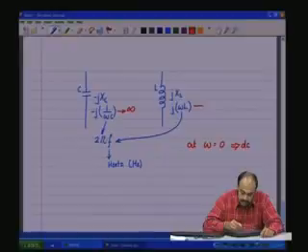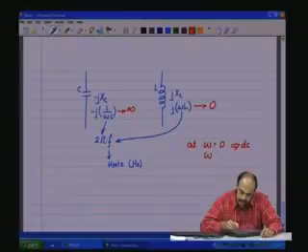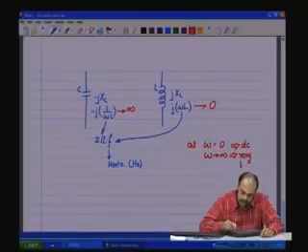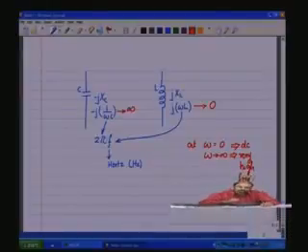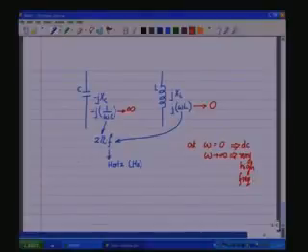This will be 0. Now, at omega tending to infinity, very high frequency, the impedance provided by the capacitance is very negligible.